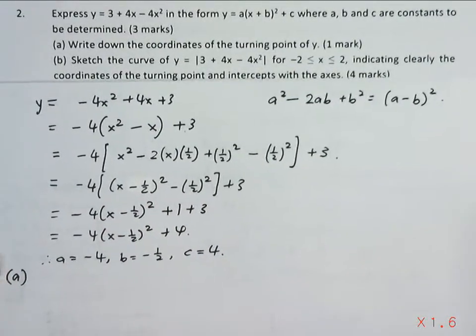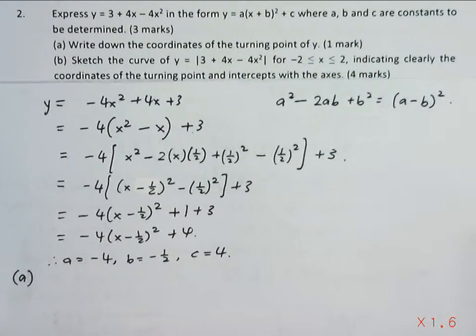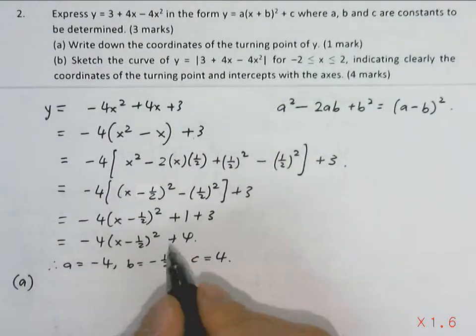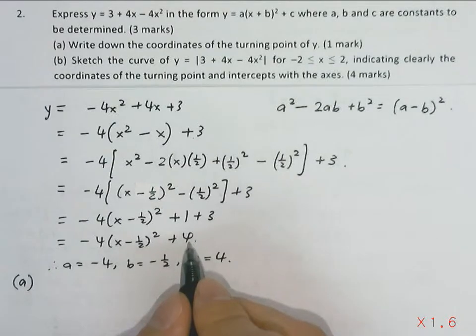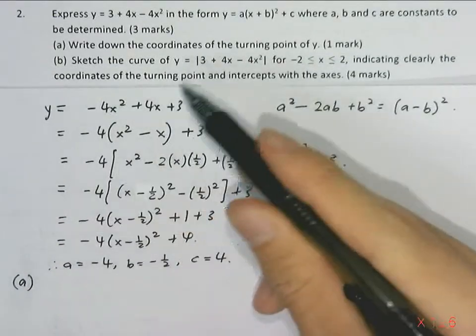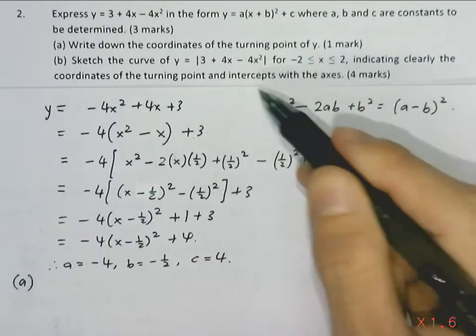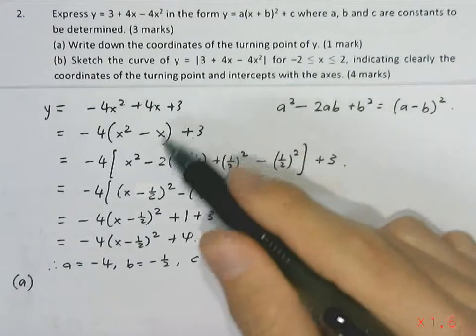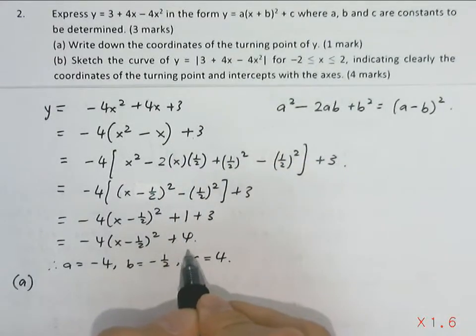And to state down the coordinates of the turning point of y, we need to know that this is the maximum value, because this is a negative x squared graph, so it will look like a sad face. So a negative x squared graph looks like this. So there will be a maximum value. So maximum y is at 4.